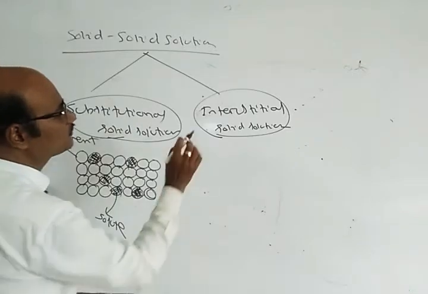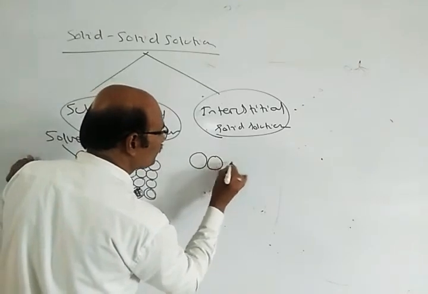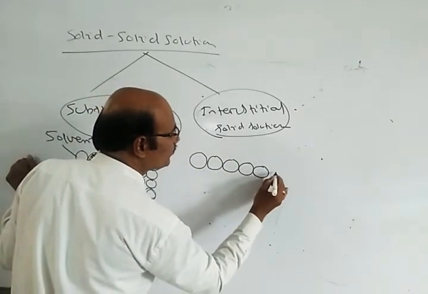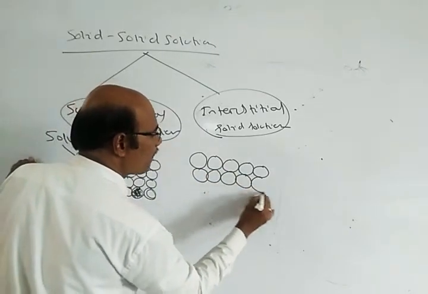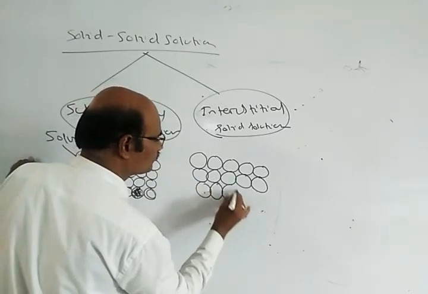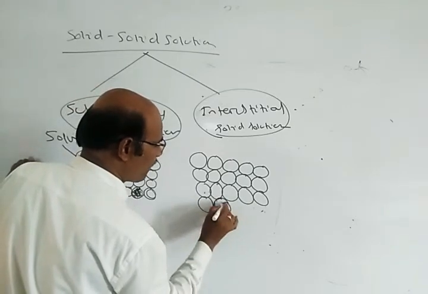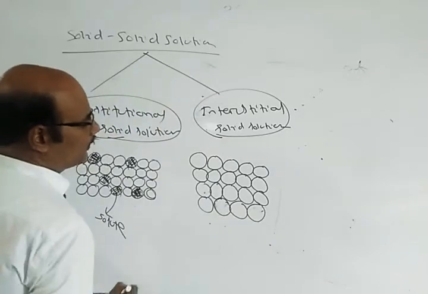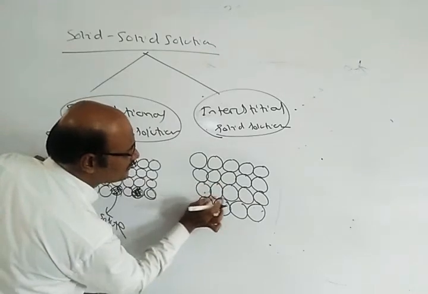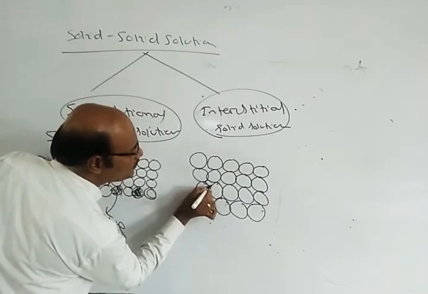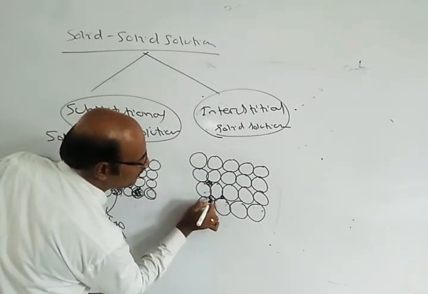The other one is the interstitial solid solution. Here what happens? This is a crystal lattice, and these spaces are called the interstitial sites, and here we have some other crystals.